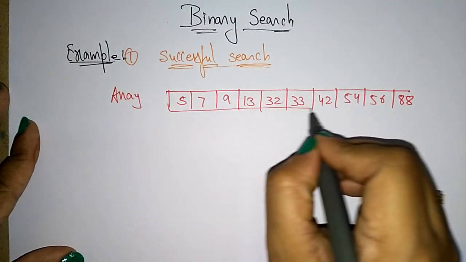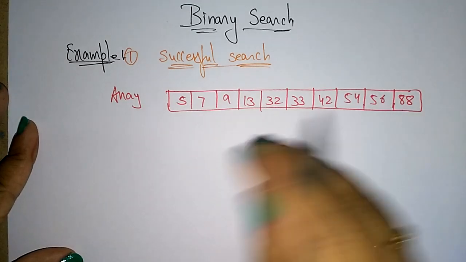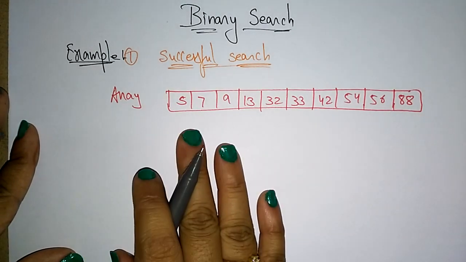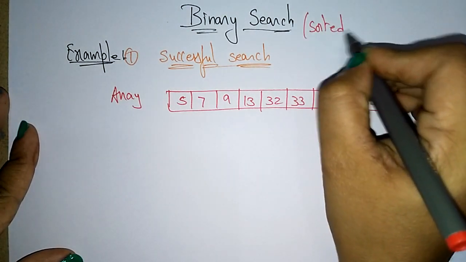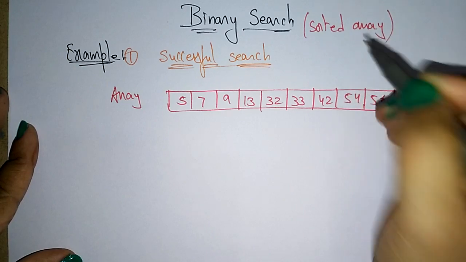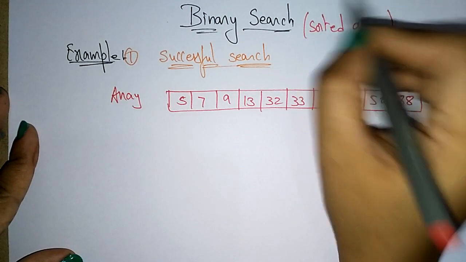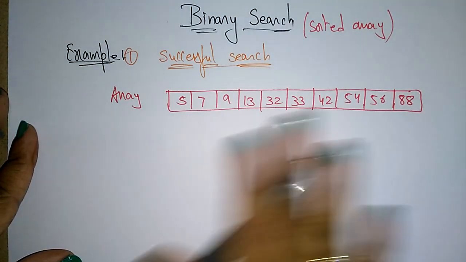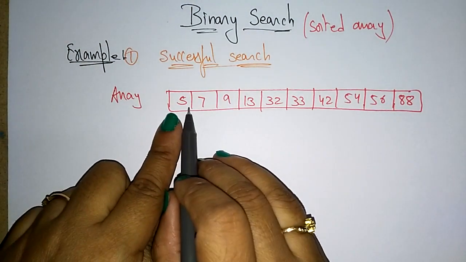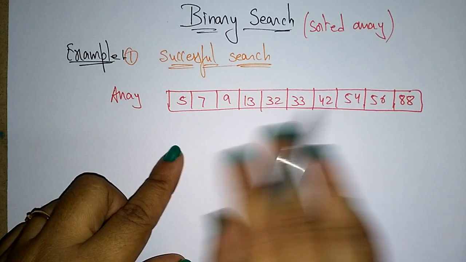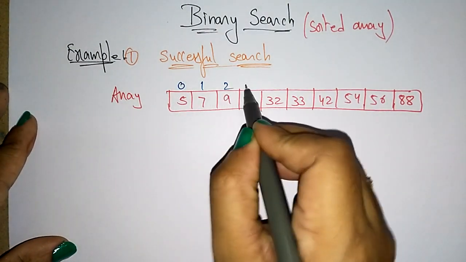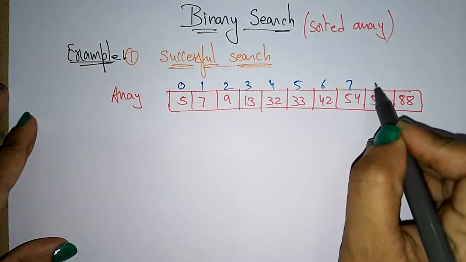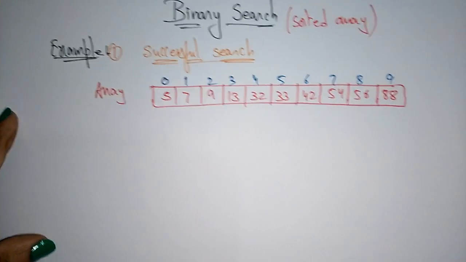One thing you have to note is that a binary search can search for an element only in a sorted array. So this is a sorted array, with all the elements arranged in ascending order: 5, 7, 9, 13. The indices are 0, 1, 2, 3, 4, 5, 6, 7, 8, 9.